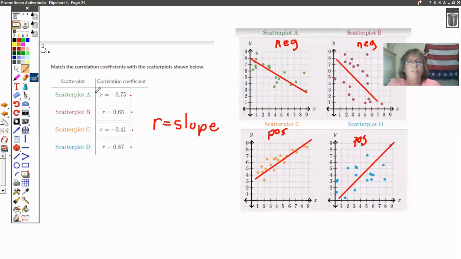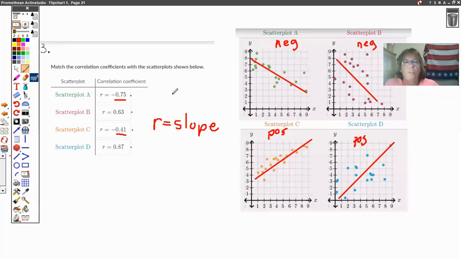As I start to move these things around, I look at scatter plot A and B. Which one seems to have a steeper slope? This one is steeper. So I should see that this number's absolute value should be larger than this one. Scatter plot B is going to be, look at the absolute value, 0.75 is larger than 0.41.